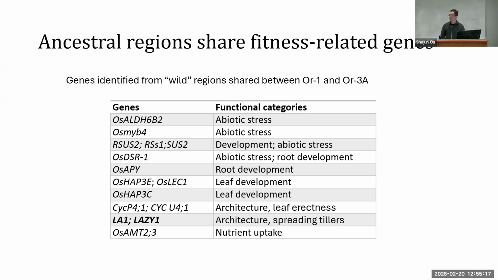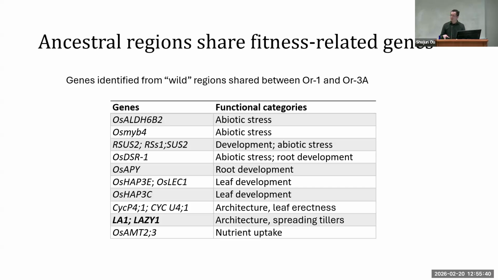The question is, given Eric's work on amylase, we know that humans were selected by their food source, and the food source was selected by humans. So I guess there's a flip side to this whole slide, which is, what did humans do to rice genomes? That's the second half of the story that is not presented here.